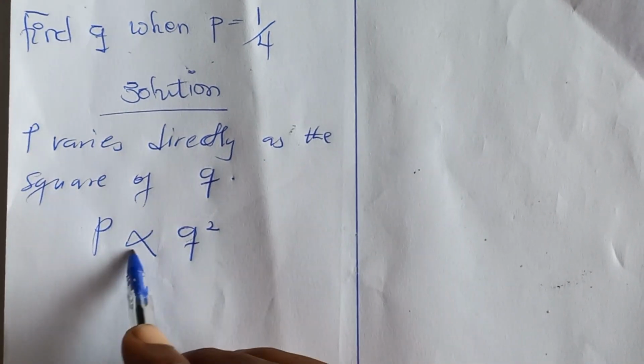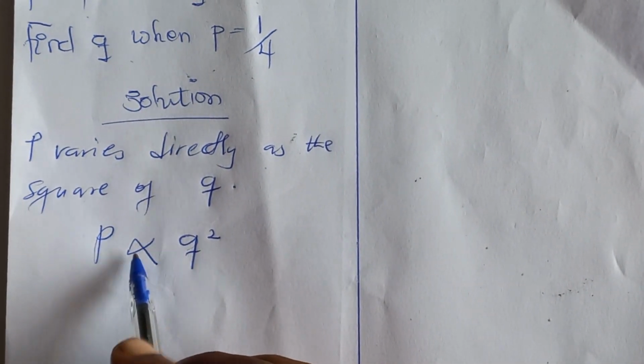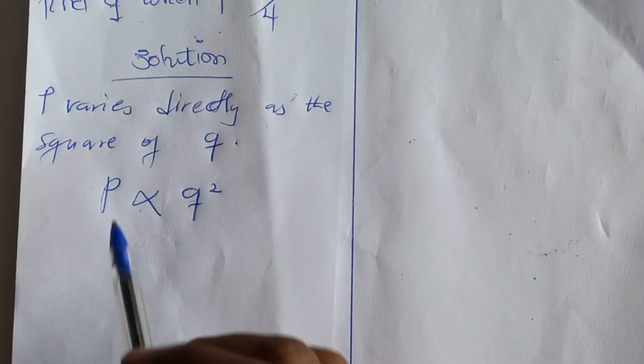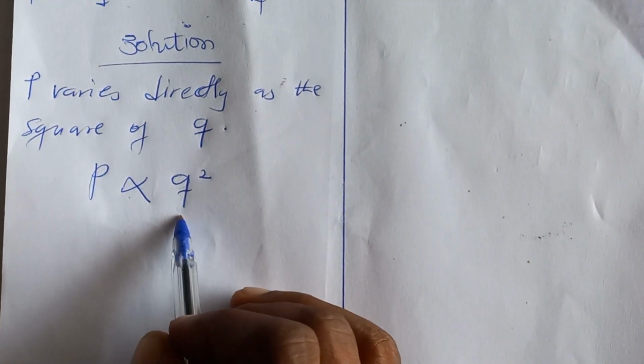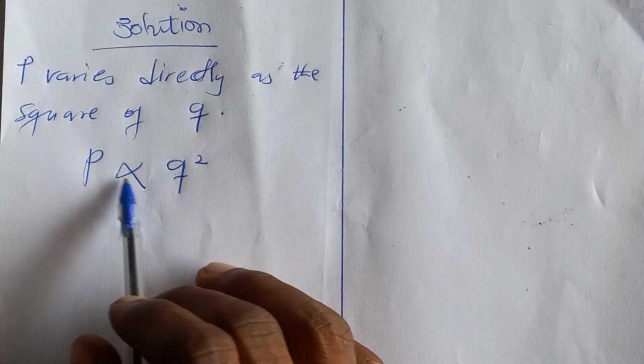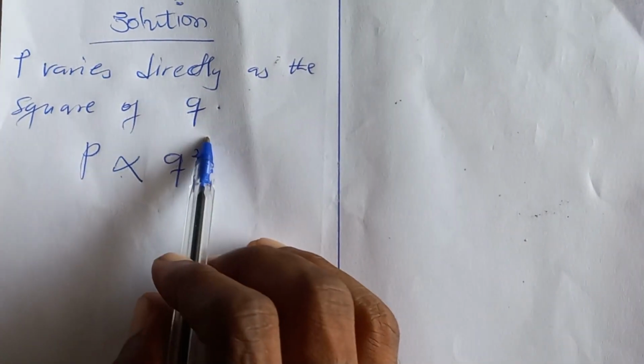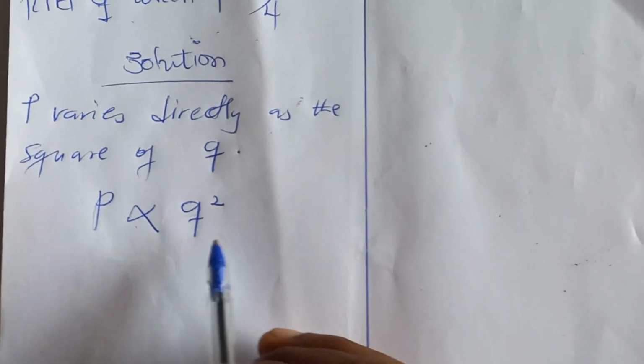We use the proportional sign in variation. So P varies directly as the square of Q. This is how we write it in variation. P is proportional to Q squared. Okay, so this is how we write it.